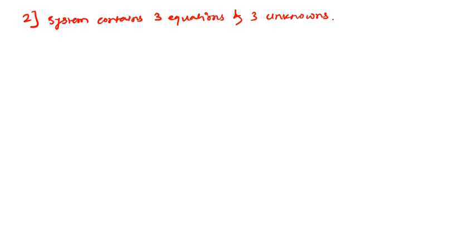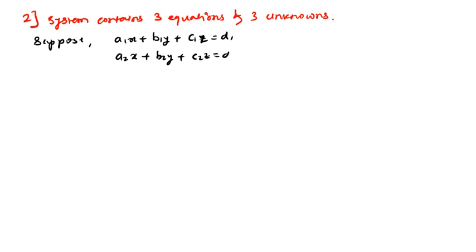Suppose we have one system like a1x plus b1y plus c1z equal to, suppose, d1. Then a2x plus b2y plus c2z is equal to d2. Then a3x plus b3y plus c3z is equal to, suppose, d3.